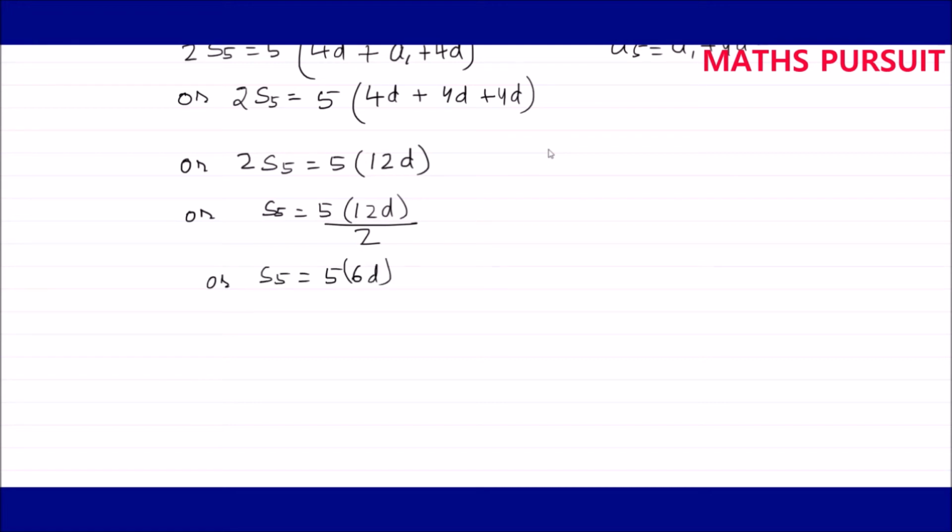How? Because this 2 and this 12 got cancelled out and we are left with 6. 5 into 6 is 30. So S5 is equal to 30D. So we got the value of S5 as 30D.